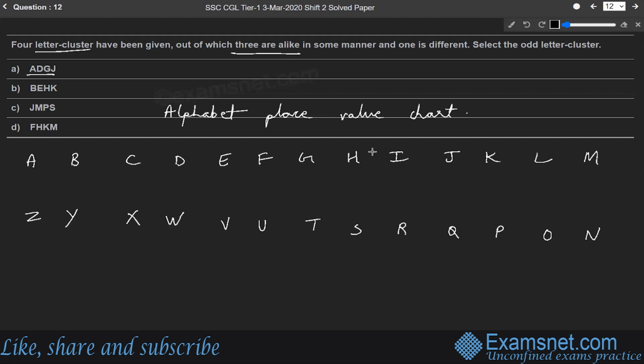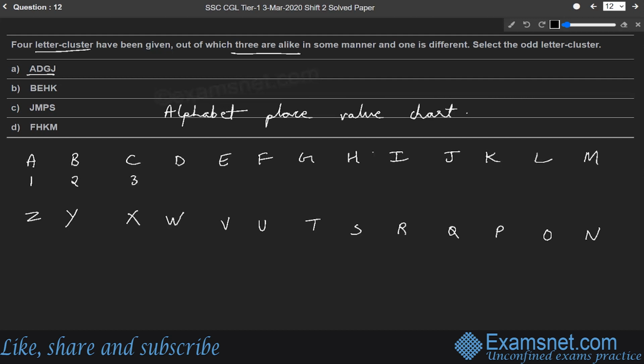Now, we have written all the alphabets. We have to write their positional value also. What is the positional value? Positional value is a value at which any alphabet comes. So, A comes in the first place. So, the positional value of A is 1. Similarly, B comes in the second place. So, positional value of B is 2.